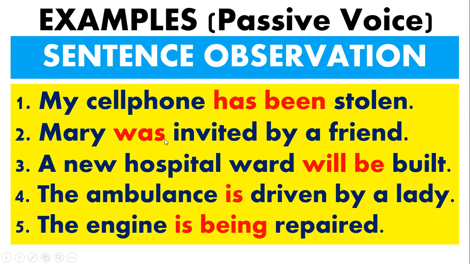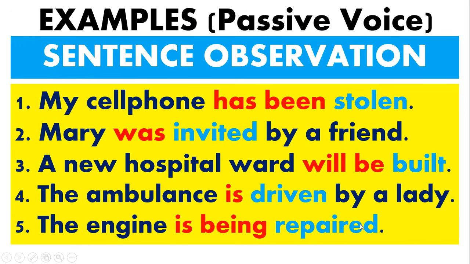Has been is to be in the present perfect, was is to be in the past, will be is to be in the future, is driven is in the present, and number 5, is being, is in the present continuous. So first of all, students may find that all these sentences have something in common. It is to be. Not finished: to be plus past participle. Has been stolen, was invited, will be built, is driven, and is being repaired.